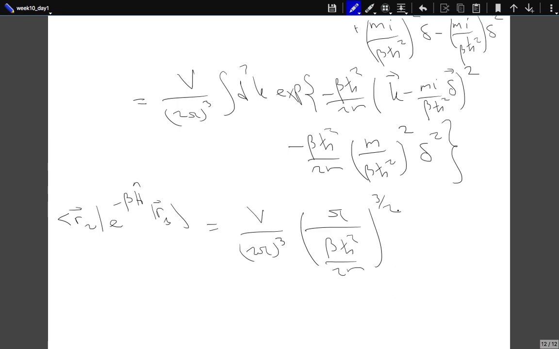I have 3 Gaussian integrals because it's the 3-dimensional k integral, so that's why it's the 3 over 2. What remains is the exponential of m delta squared over twice beta h bar squared.